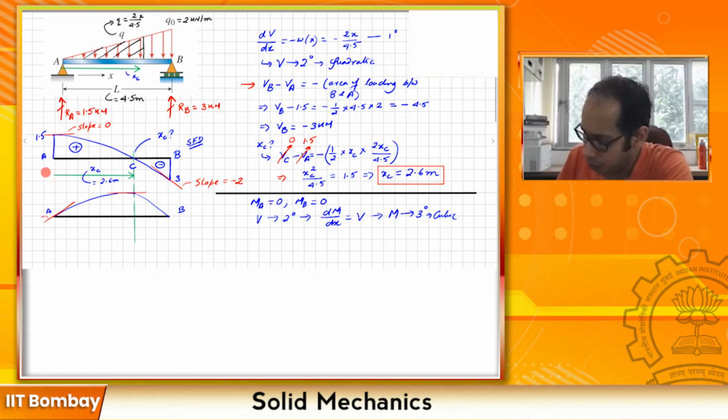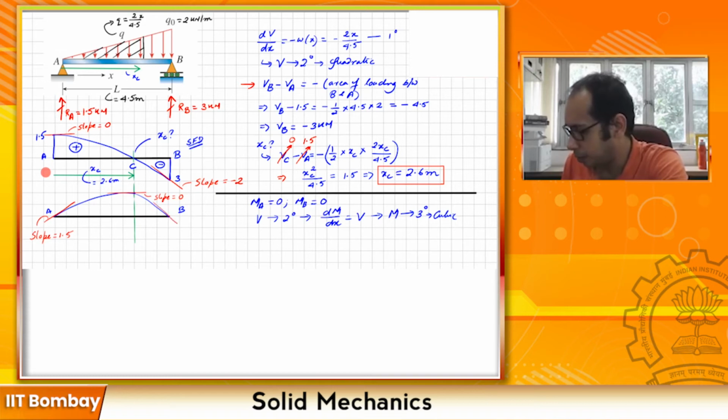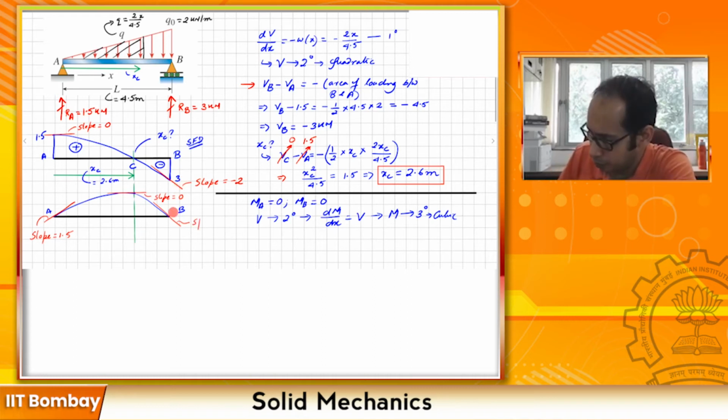So here the slope is 1.5, and here the slope is 0, because that is the maximum point. And then you can mark the slope at the point B here. Here the slope is -3, because that is the value of the shear force at B.